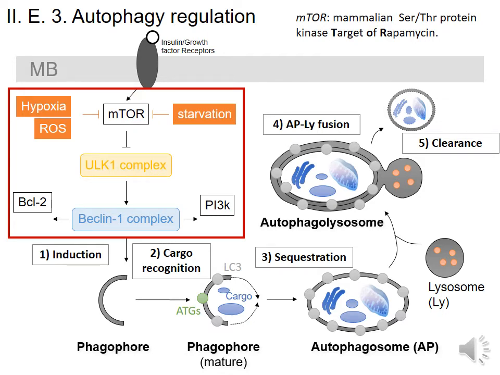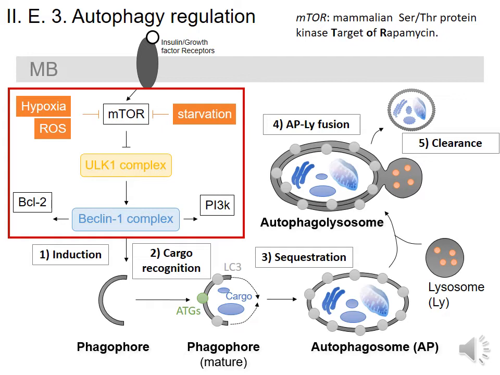Basically, under normal conditions, mTOR is inhibiting ULK1, which is an activator of autophagy. But under starvation conditions, nutrient deprivation, or other types of stresses, mTOR is inhibited. And now the ULK1 complex becomes active, and it can phosphorylate and activate the Beclin-1 complex.